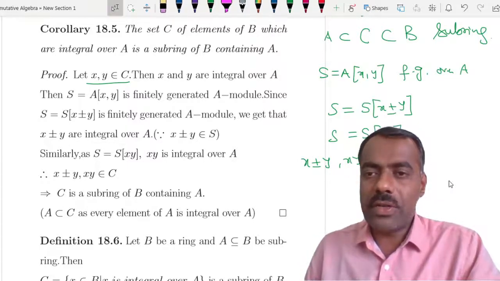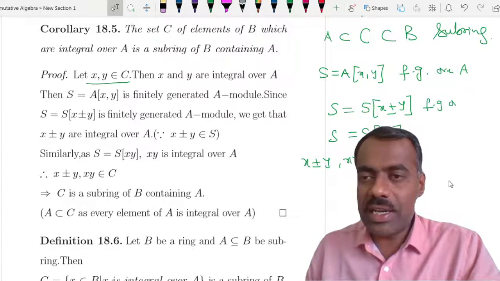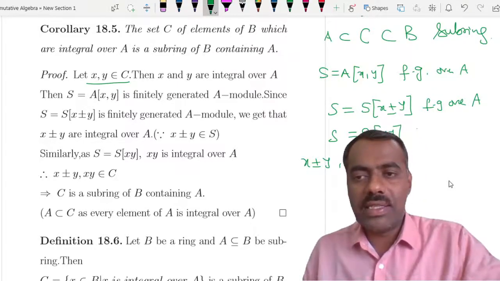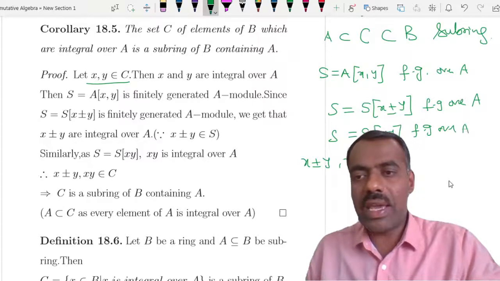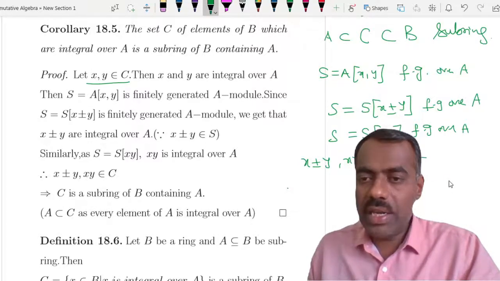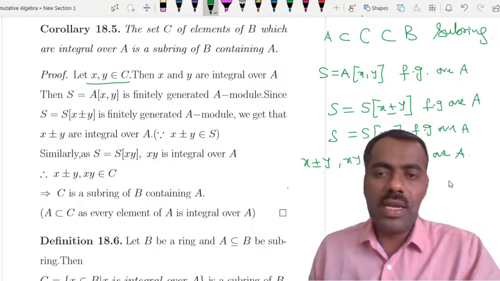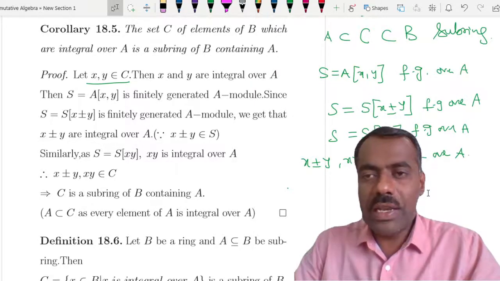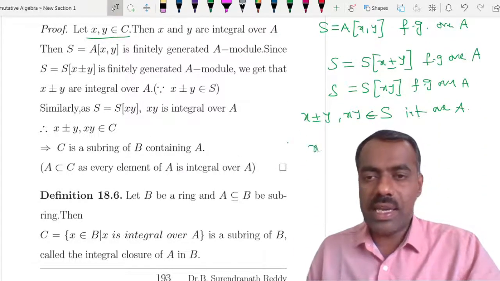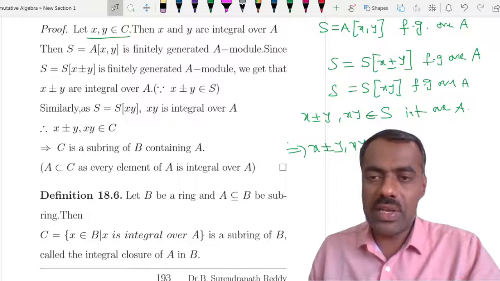So therefore this one is finitely generated over A, that means this element is integral over A. Similarly this is finitely generated over A, so therefore what we can say is that they are integral over A. But whichever elements are integral over A, they are actually elements of C. That shows that x plus or minus y and x times y are actually members of C.